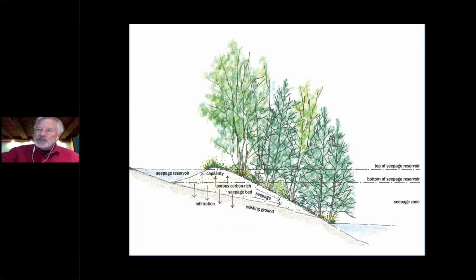This is sort of a distillation of how the project works. We go into this stripped sand mine where you're looking at fine clays, very fine silts, really poor soil for vegetation establishment, and we place a carbon-rich layer of porous material.